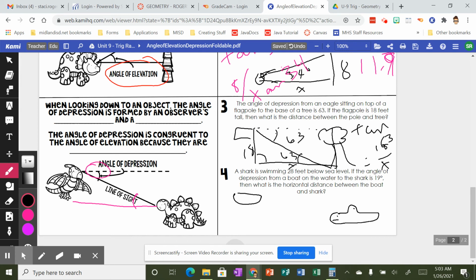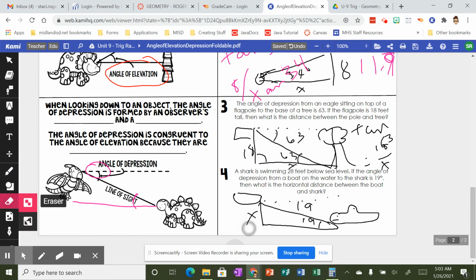Here's the line of sight, and the angle of depression is 19 degrees. So this angle is 19 degrees. We want this side over here. No, we don't, my bad, I read it wrong. We want this side.